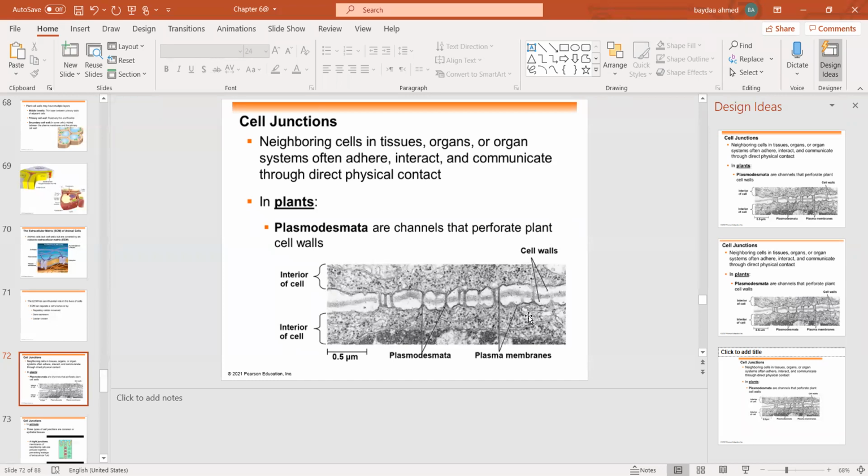Those are channels that connect adjacent cells with each other. The plasma membranes of adjacent cells line the channels of each plasmodesma and thus are continuous, because the channels are filled with cytosol. The cells share the same internal chemical environment. By joining adjacent cells, plasmodesmata unify most of the plant into one living continuum. Water and nutrients can pass freely from cell to cell.